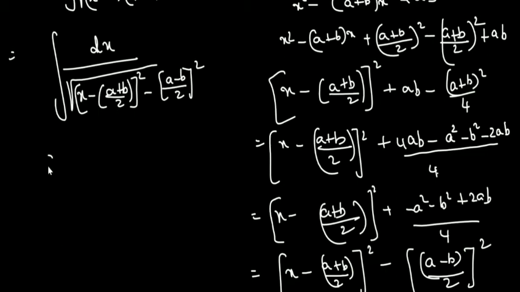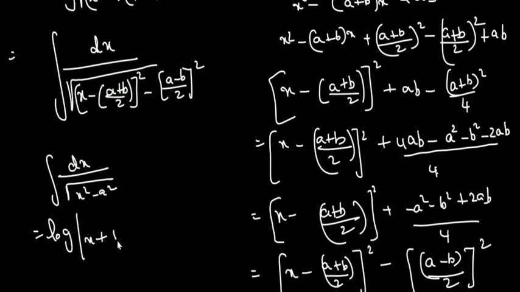So this is of the form dx by root of x square minus a square. That is nothing but log x plus root of x square minus a square.